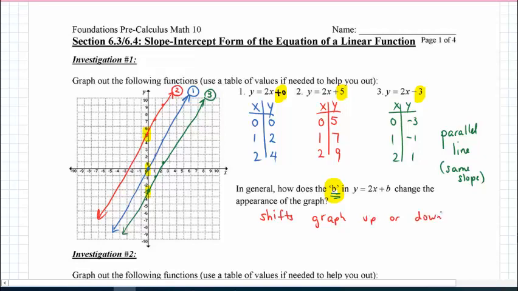And by the way, those values always are on the y-axis, so these are really the y-intercepts. That's, of course, where the graph crosses the y-axis. Okay.